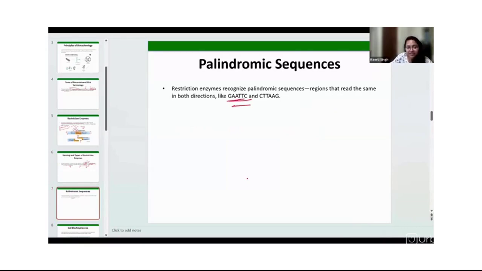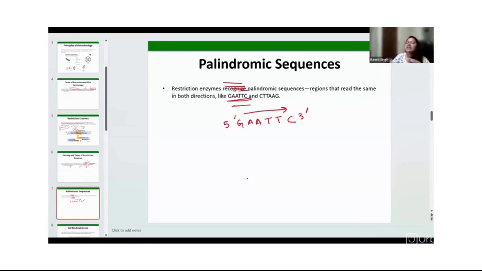This is a 6 base pair sequence, G A A T T C. When we read this in the 5 prime to 3 prime direction on both strands, it reads the same. That is why it is known as a palindromic sequence. So the DNA is cut.